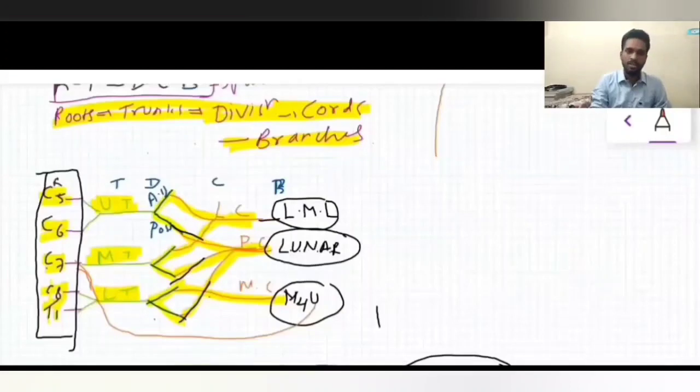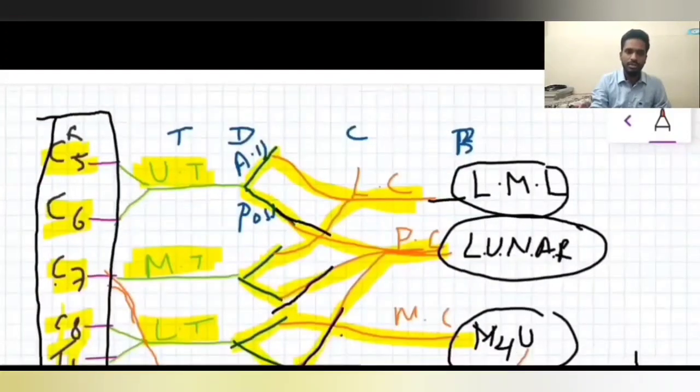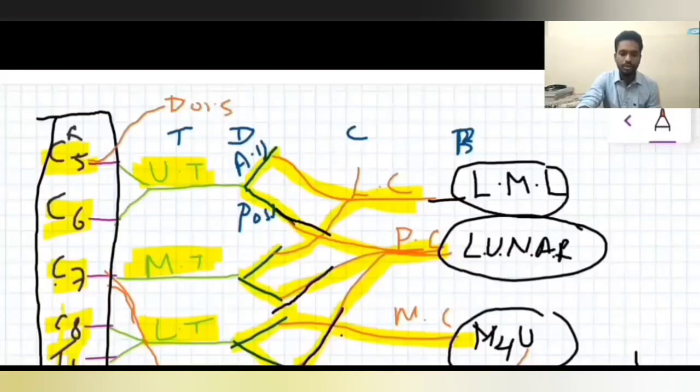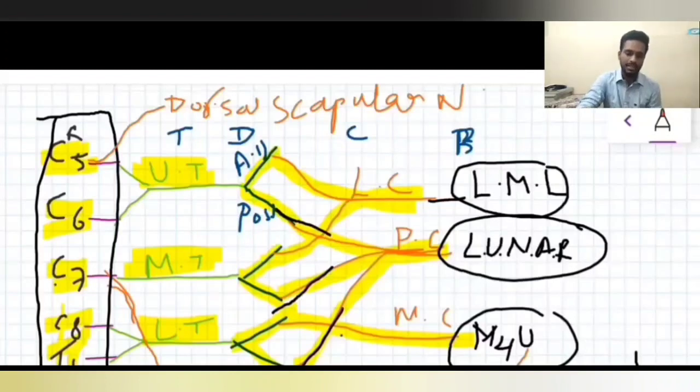But there are a few nerves, I'll say, originating from the roots as well as from the trunk. So it's important to remember them, right? From C5 directly originates a nerve named dorsal scapular nerve. Now from C5, C6, and C7 together, another nerve originates.